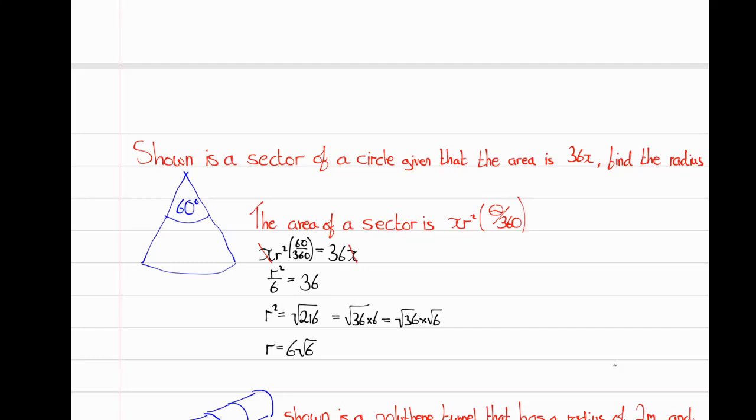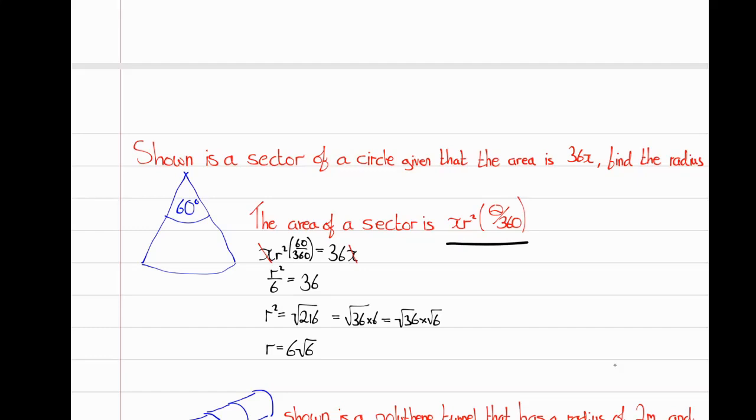So you can think of it as a fraction of the total circle. So we let this formula equal the area we're given, 36 pi. That'll give us pi r squared times 60 over 360 equals 36 pi. Cancel out the pi's. 60 over 360 will simplify down to 1 over 6.